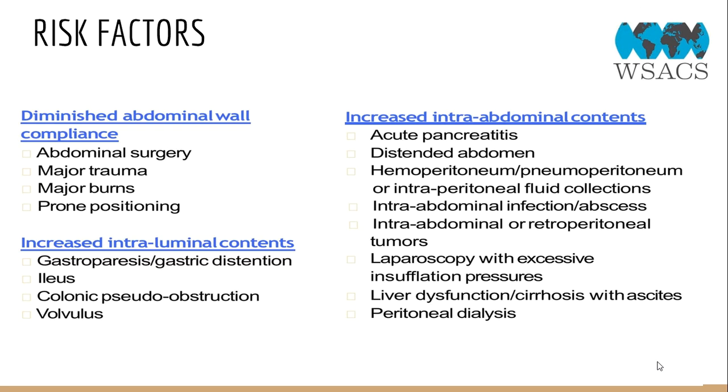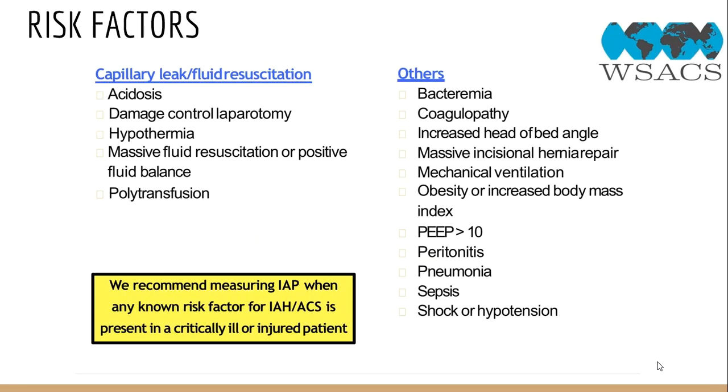These are the various risk factors. Diminished abdominal wall compliance, as in trauma, burn, prone position, abdominal surgeries. Increased intraluminal content in gastroparesis, gastric dilatation, ileus, colonic pseudo-obstruction and volvulus. Increased intra-abdominal contents in pancreatitis, distended abdomen, hemo and pneumoperitoneum, intraperitoneal fluid collections, intra-abdominal infections or abscess, intra-abdominal or retroperitoneal tumors, and peritoneal dialysis.